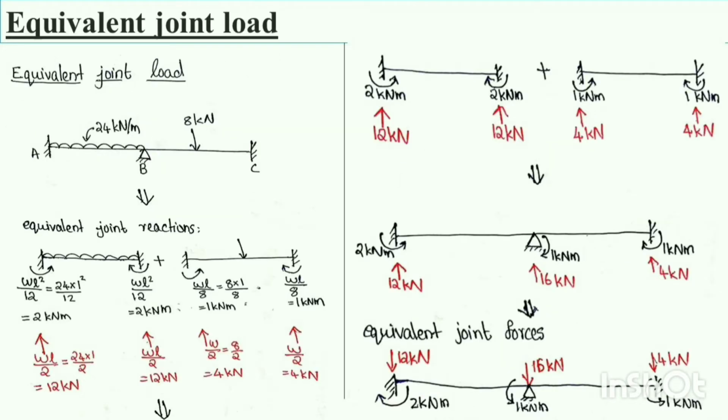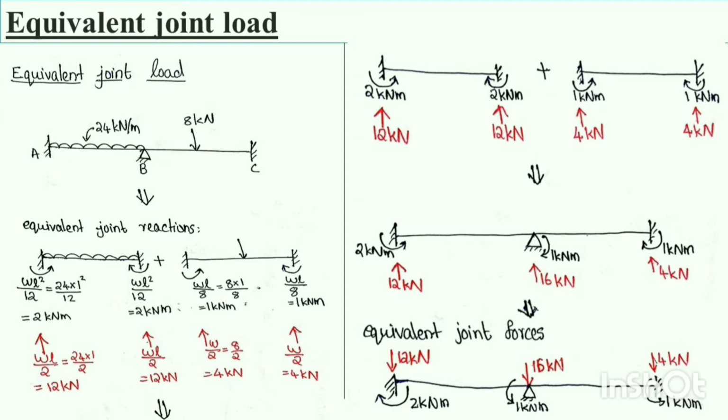Now again joining the members to a single structure ABC, we obtain at A the reaction will be 12 kN and moment will be 2 kN meter, and at B there are two moments and two reactions. One is 2 kilonewton meter clockwise and the other is 1 kilonewton meter anti-clockwise.